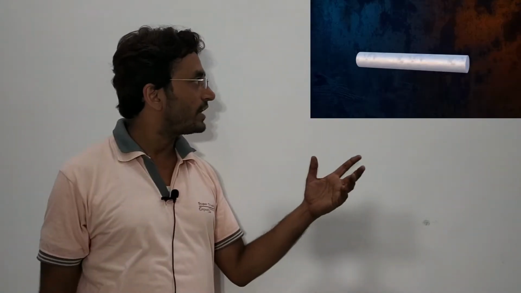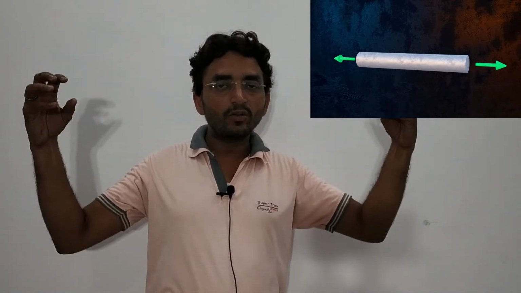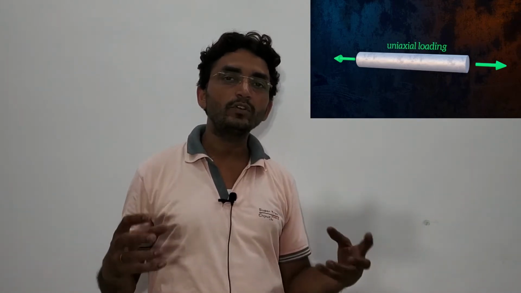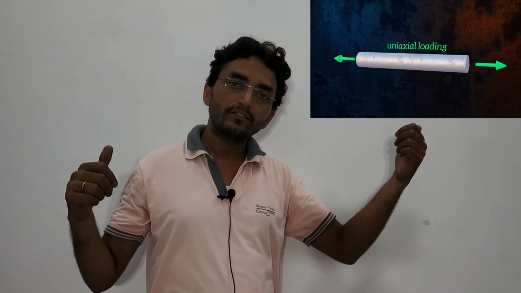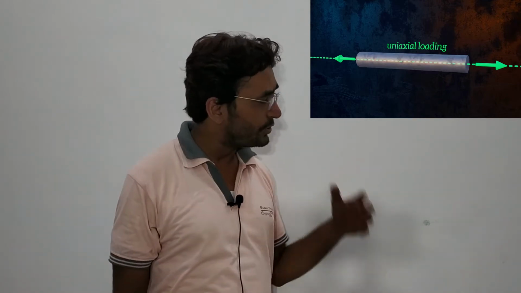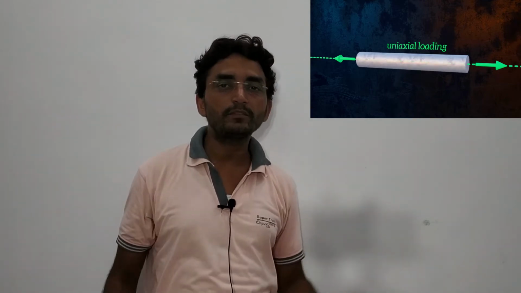To understand stress, let us assume a circular bar. This circular bar is subjected to some kind of tensile load which has a tendency to elongate it. Due to this elongation, the placement of the molecules gets disturbed.